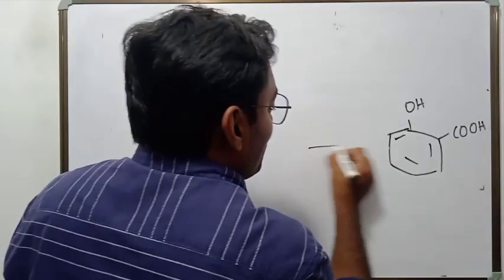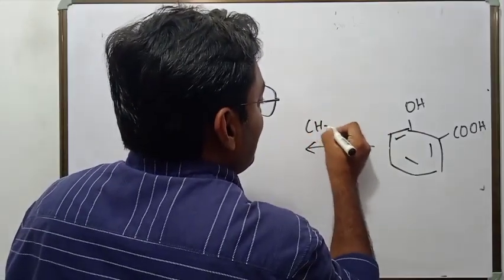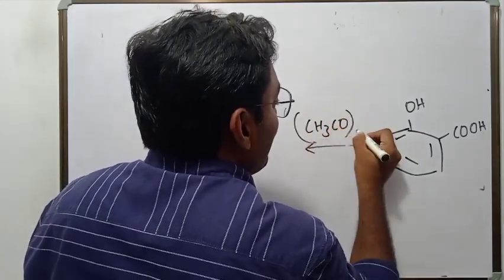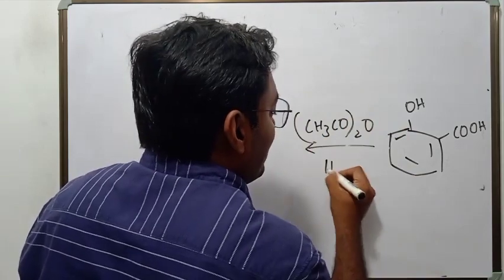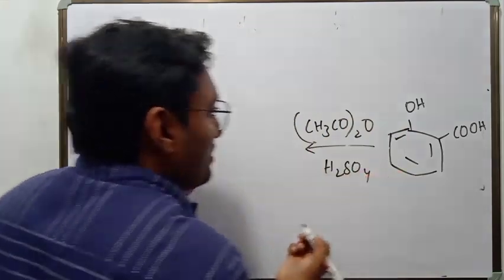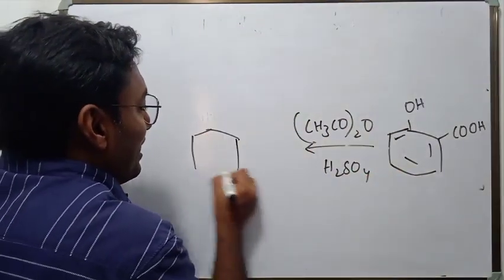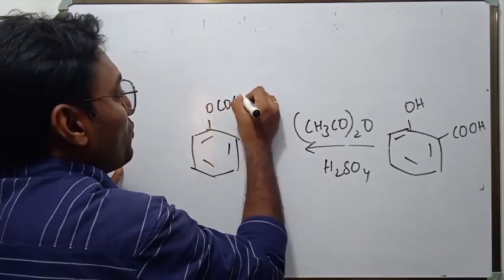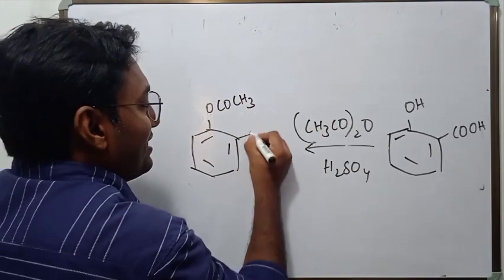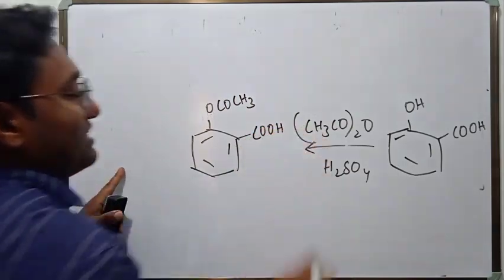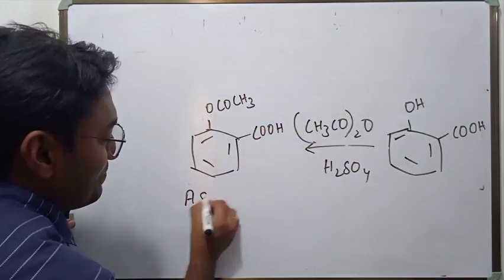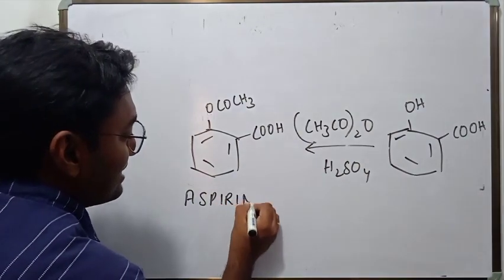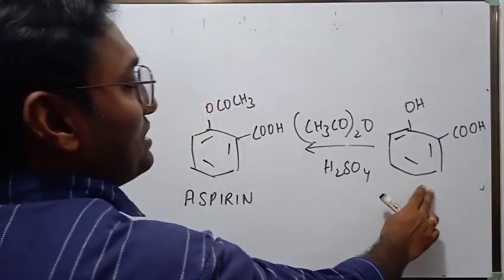How do we make aspirin? Just react it with acetic anhydride in catalytic amount of H2SO4. So now you get acetyl salicylic acid, right? That's it. So you have made aspirin or acetyl salicylic acid by using salicylic acid.